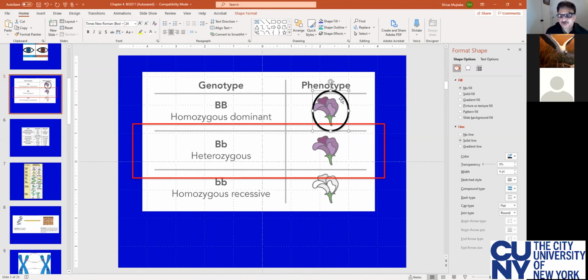Since the purple color is dominant, it is called homozygous dominant.